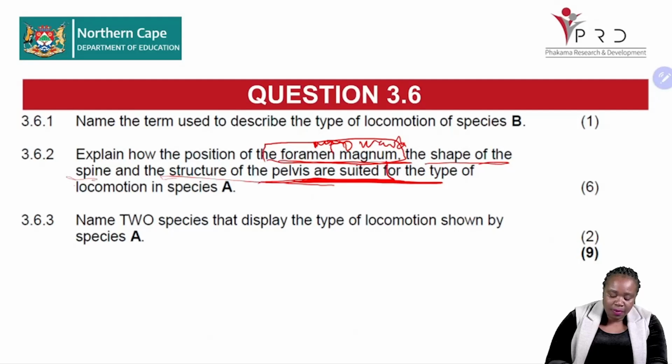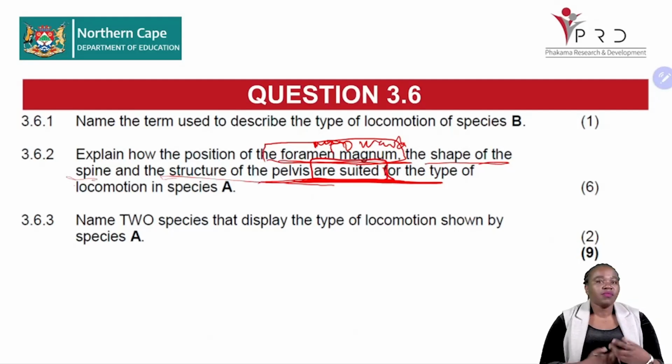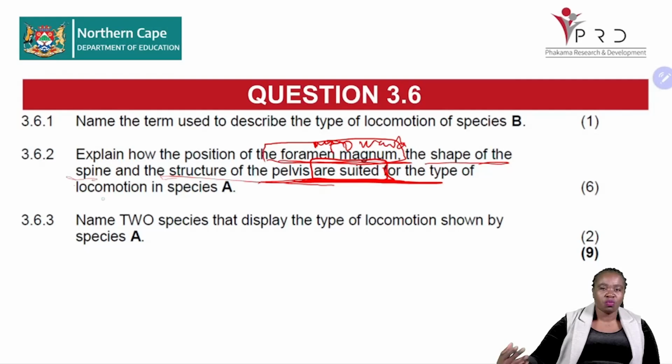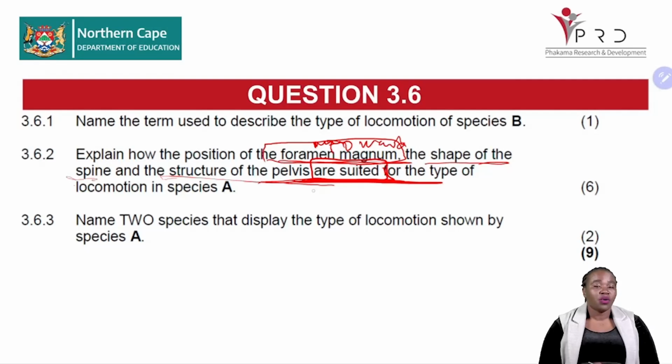Now, another thing, when you look at parts where they are talking about parts of an organism being structurally suited or being suited for their function. When you talk about the type of locomotion, we're basically talking about a function that this organism has to carry out, right? Anything that talks about suitability, you mention the structure and you mention how that structure allows the organism to perform a certain function. For example, we spoke about the short and wide pelvic girdle.